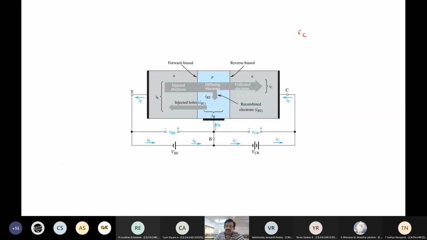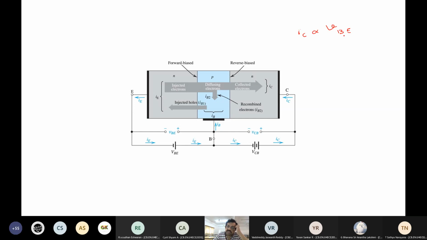Collector current IC is proportional to how many electrons are able to come from the emitter and get collected at the collector. We already know that this will depend on VBE. So the collector current will depend on the forward bias voltage across the base-emitter junction.